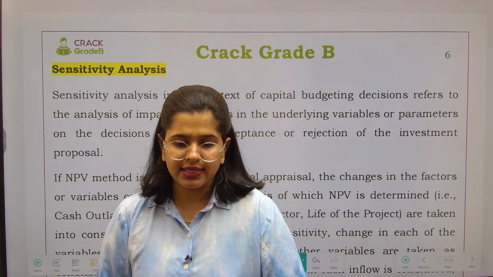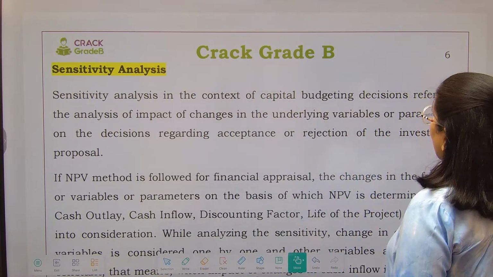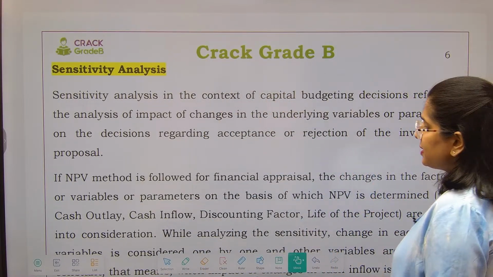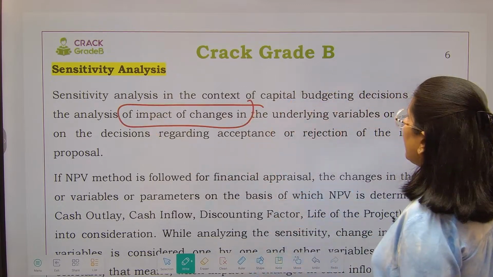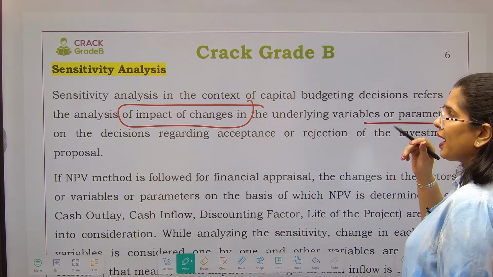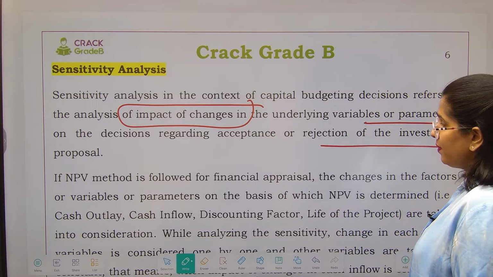So this is what sensitivity analysis is. Sensitivity analysis in the context of capital budgeting means analysis of the impact of changes in the underlying variables or parameters on the acceptance or rejection of the investment proposal.